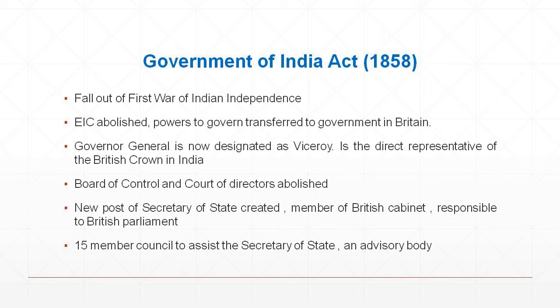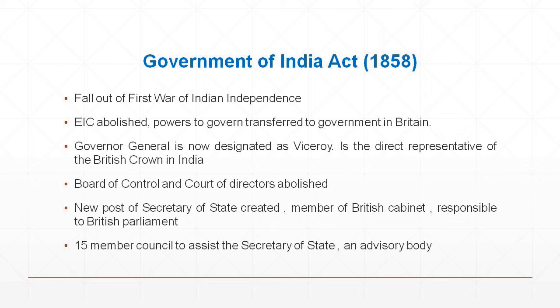So now that we are directly under the British Kingdom, the British Kingdom's Viceroy is now stationed in India. So this name change is pretty significant, although it seems insignificant and it's just a name change. It also emphasizes the fact that the Crown is now directly ruling India. So the Governor General will henceforth be called the Viceroy of India. Lord Canning thus became the first Viceroy of India.